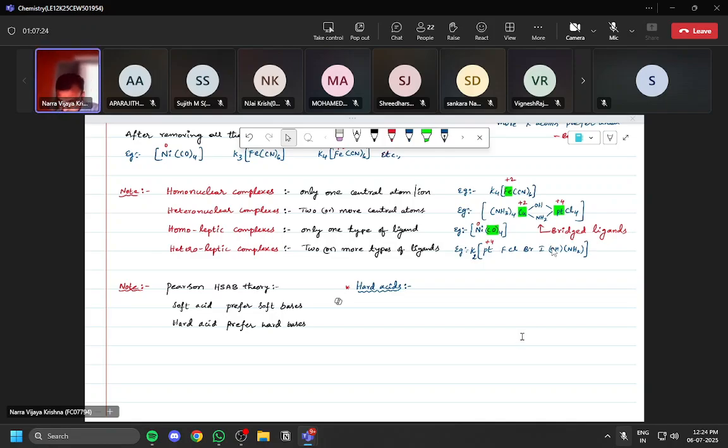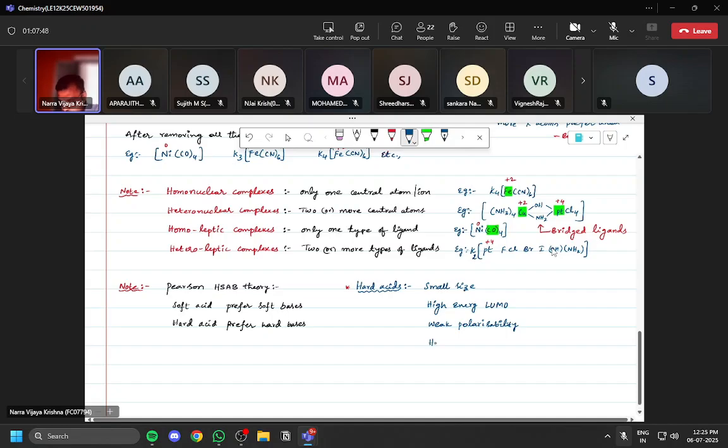Hard acids: small size, high energy LUMO, and then weak polarizability, high positive charge. Example: they have given in your list.